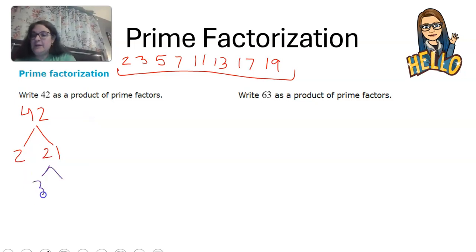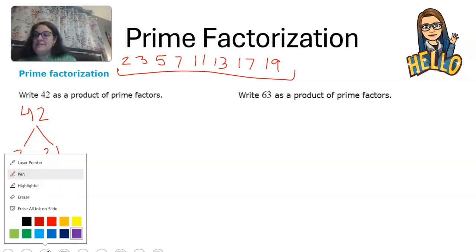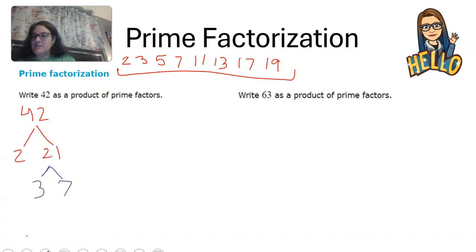So we know that 3 will go into 21. The question is how many times? I skip count: 3, 6, 9, 12, 15, 18, 21. So 3 times 7 is 21. Now 7, as we can see from our list, is a prime number.